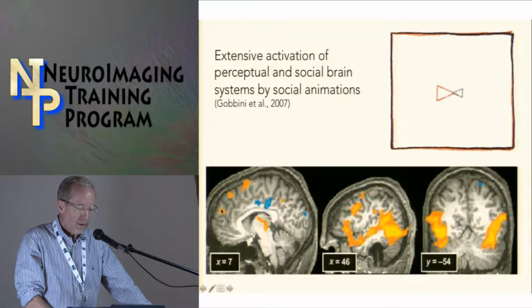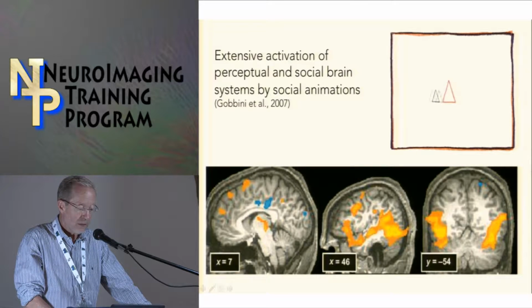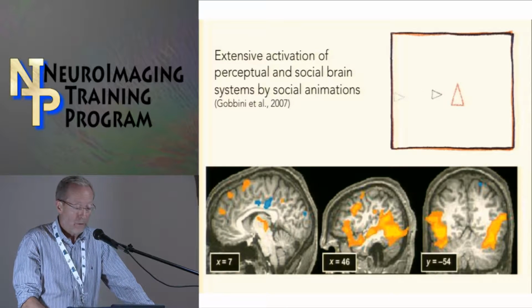But it extends down into the fusiform cortex. And this actually has been shown repeatedly. And in a study by Schultz at Yale, he did the face localizer and the social animations and showed that the activations for social animations and the face localizer overlap.